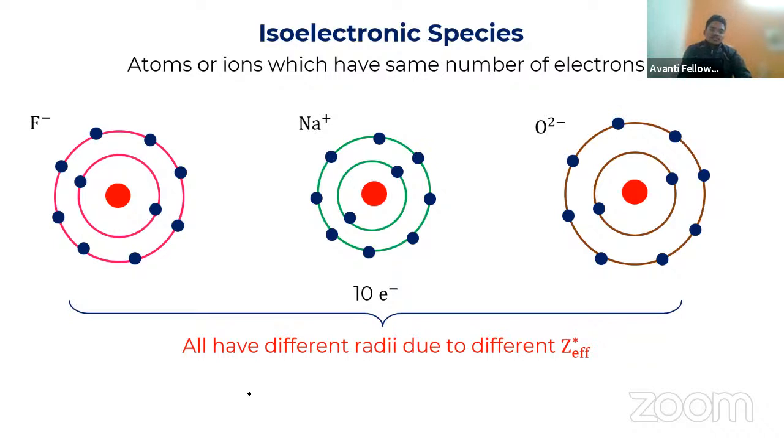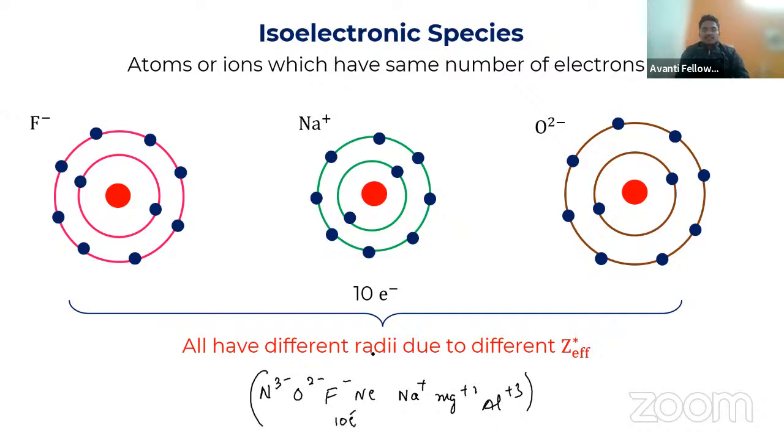Some examples you can take are N3 minus, O2 minus, F minus, Ne, Na plus, Mg plus 2, Al plus 3. All of these are isoelectronic species. They all have 10 electrons.